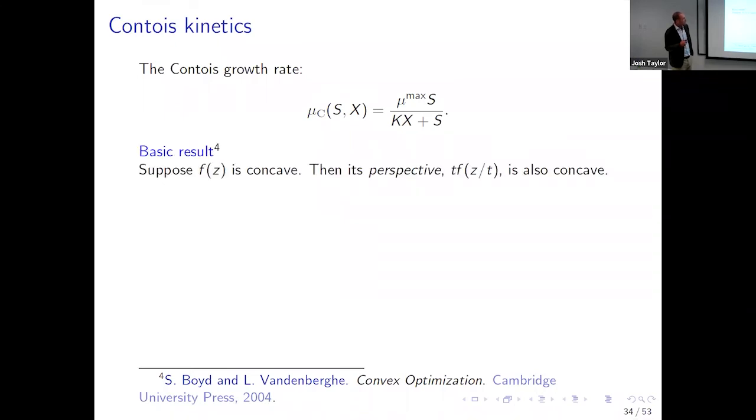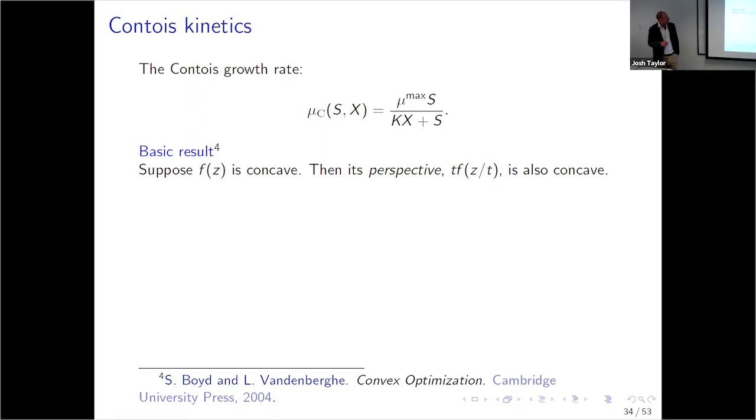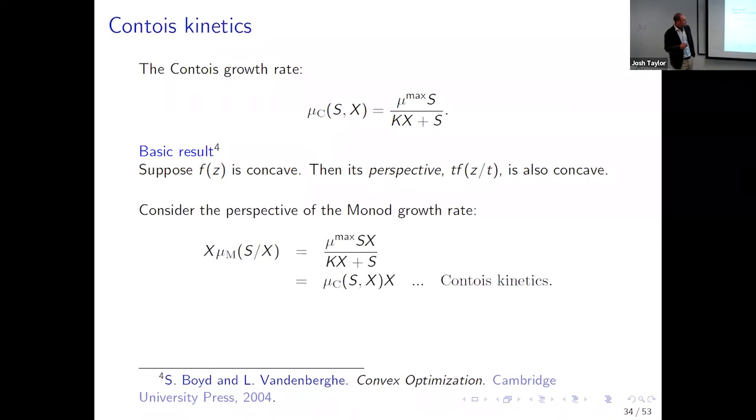And let's recall a basic result, or something simpler, from convex analysis. Consider the function f of z, where z is just a vector of variables, and let's suppose it's concave. Its perspective is a function in one higher dimension defined as t times f of z over t. If f of z is concave, then its perspective is also concave.